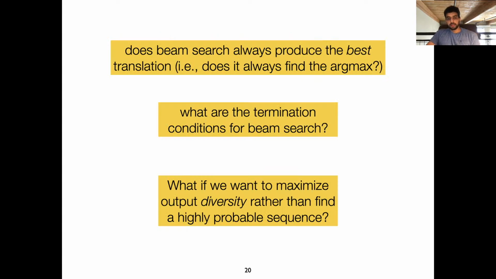Okay, so this third thing that I wanted to discuss, and this kind of segues into the next topic, is in translation, our goal is to find the most probable candidate translation, right? But in other applications of text generation, we might not necessarily want the absolute most probable output. We might actually want to maximize the diversity of our outputs, and we might be fine with something that has a relatively lower probability but has some interesting words or syntactic structures or something like that.